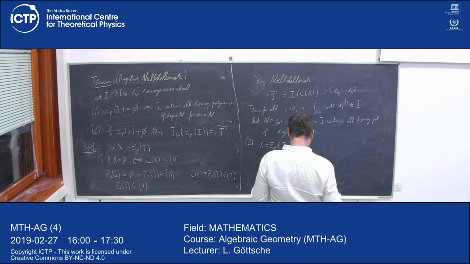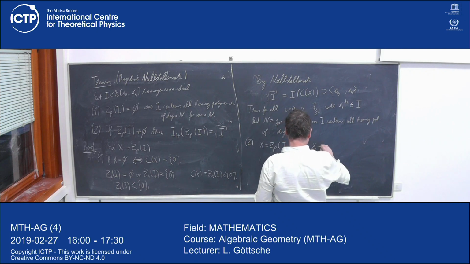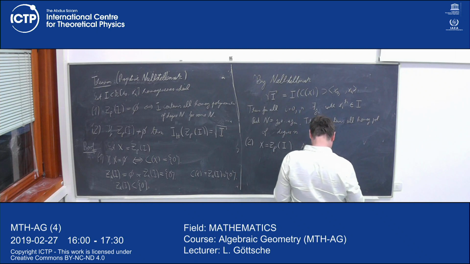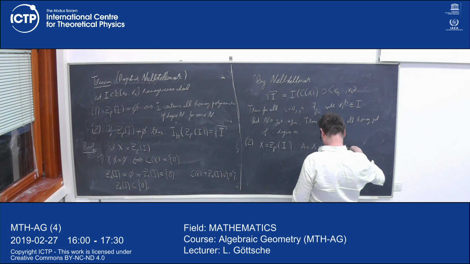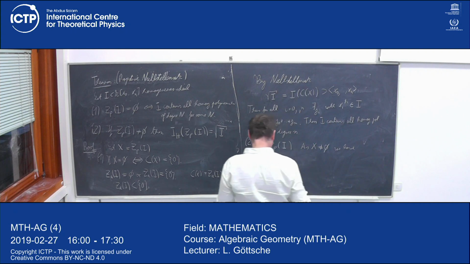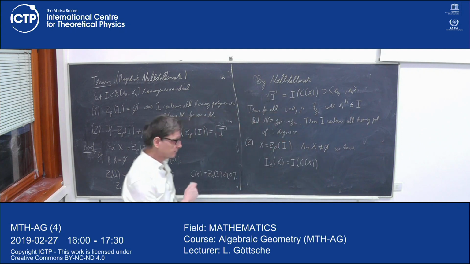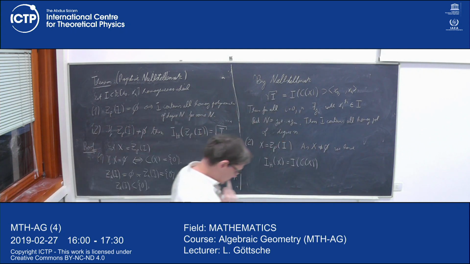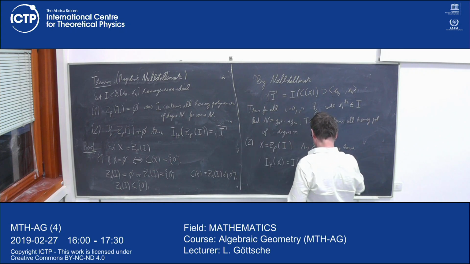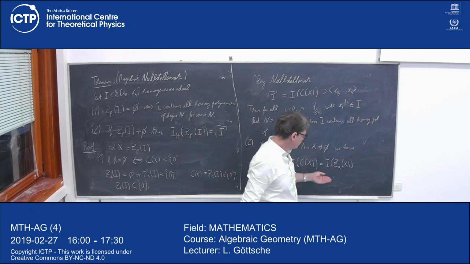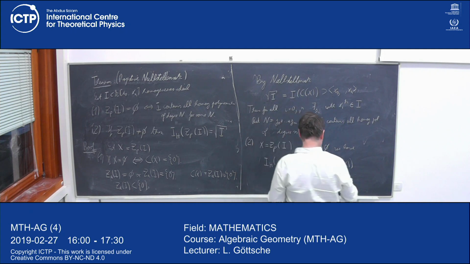And as X was assumed to be non-empty, we have that the homogeneous ideal of X is equal to the ideal of the cone of X, which is the ideal of the affine zero set of I. And now we are in the affine case.